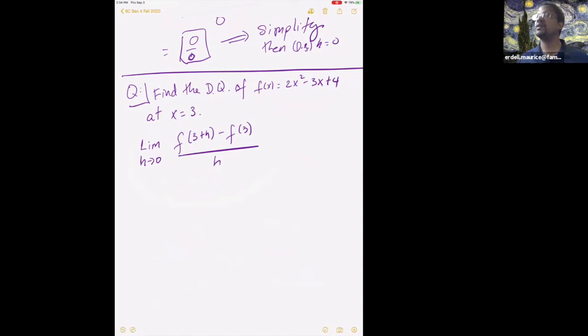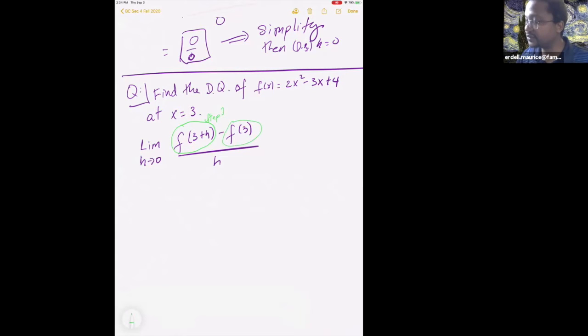Again, I know this is going to be an indeterminate form, and so I have to simplify this. To simplify this, I have to go through 4 steps before I can then plug in h equals 0. Step number 1 is I got to figure out what this thing right here is.